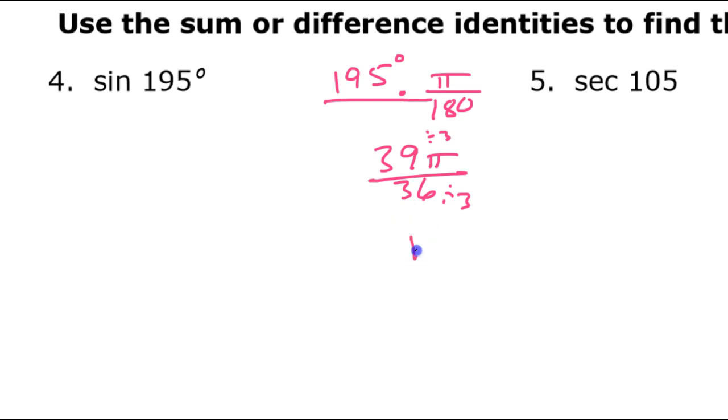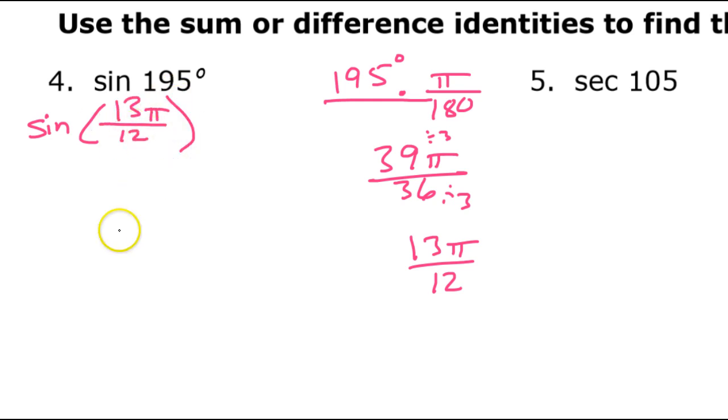Okay, so that's going to be 13 pi over 12. All right, that's as far as we can go with the reducing process. So the sine of 195 is the same thing as the sine of 13 pi over 12.